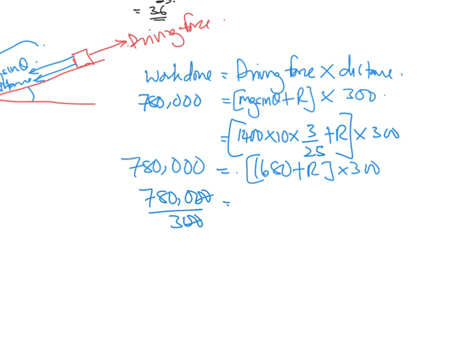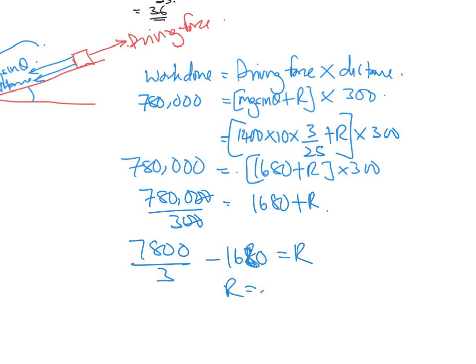That's 7800 divided by 3, minus 1680 equals R. So from here R equals 7800 divided by 3 and then minus 1680, and the answer is 920 Newton, and that is the resistance.